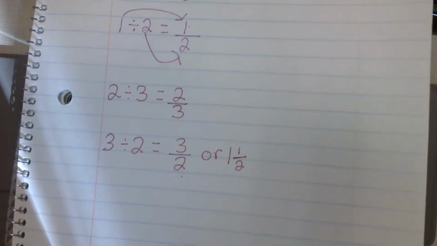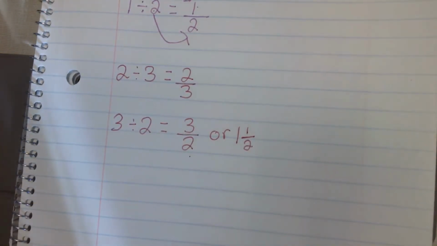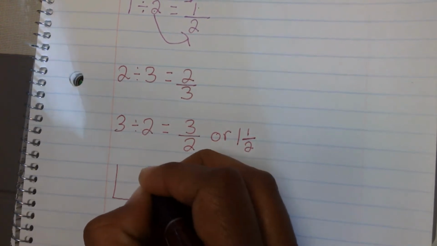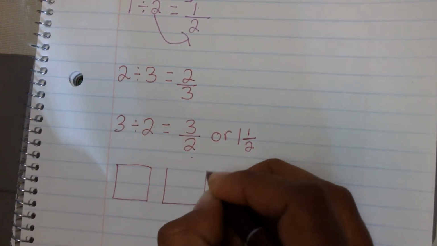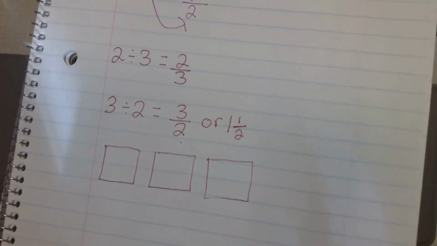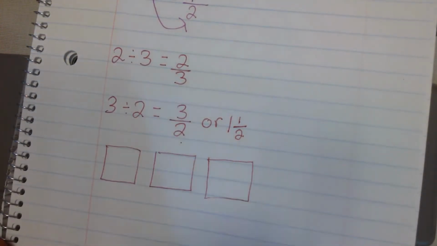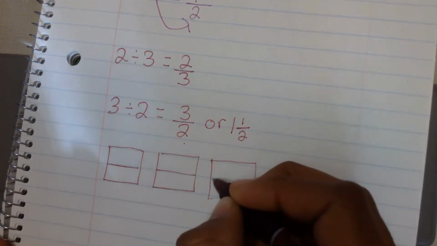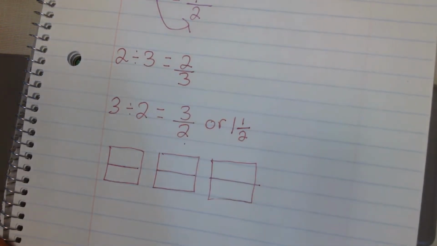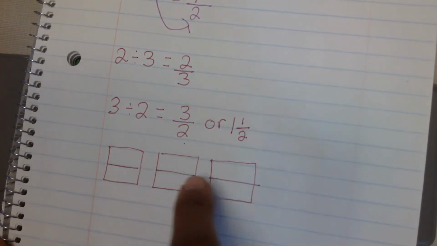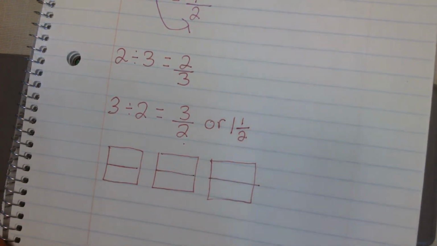You can also think of this as if we were to draw a picture that would represent it. For 3, I could draw 3 whole boxes, and it means I'm going to cut them into halves. So I cut it into halves, halves, and halves, which would give me 6 halves, right? 1, 2, 3, 4, 5, 6.